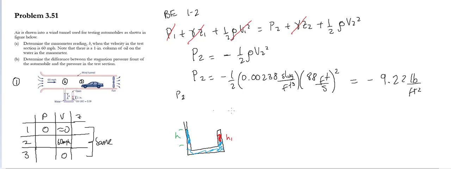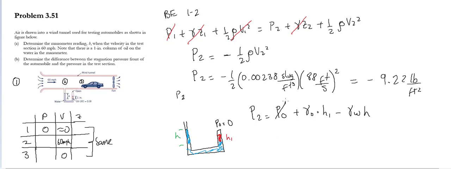So now let's evaluate P2 from the point over here. So this is point 0. We're going to take it to P0, and that we know is an atmospheric value. Then we write the pressure goes, elevation goes down, so it's positive gamma of the oil times h1, and then from here it goes up, minus gamma of water h.